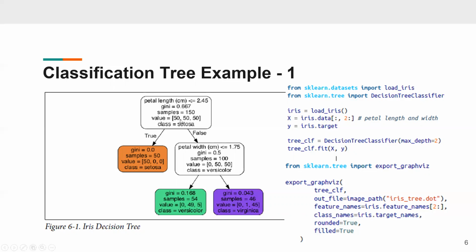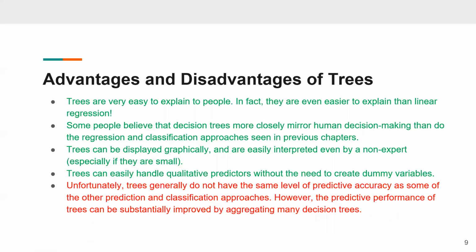This particular branch is one interaction between petal length and petal width. If you look at the rightmost branch, it's also an interaction. It says petal length larger than 2.5 and petal width larger than 1.75, resulting in this purple color node. That's a good thing. It's easy to explain.